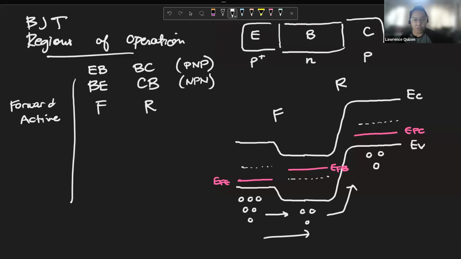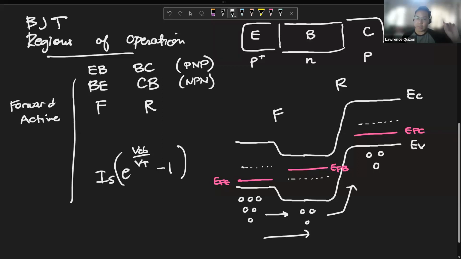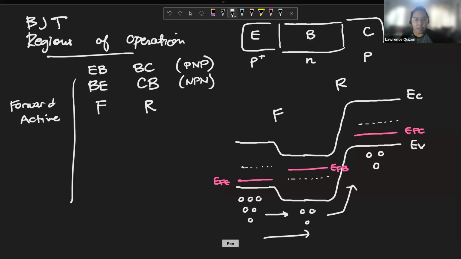Kasi yung Shockley BJT equation natin for the PNP is e to the VEB over VT, right? So ito yung equation natin. So we just refer to the junction with this, no? Kasi we expect na sa forward active, the E is of a higher voltage than the B for a PNP BJT, no? As opposed to that, sa NPN BJT, mas mataas yung voltage ni B kaysa kay E for forward bias, no?